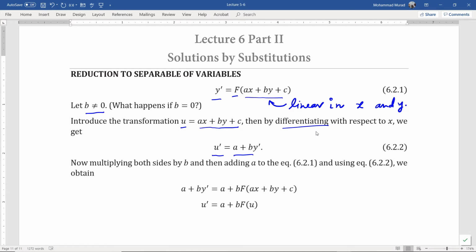Now multiplying both sides of equation 6.2.1 by b and then adding a, and using equation 6.2.2, we obtain a plus b times y prime equals a plus b times f of ax plus by plus c.